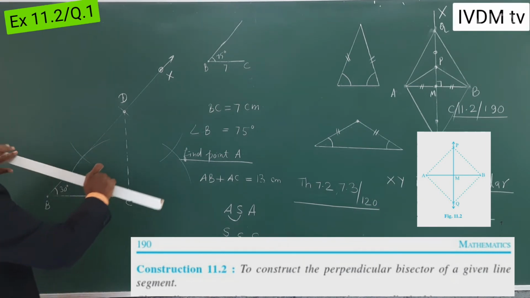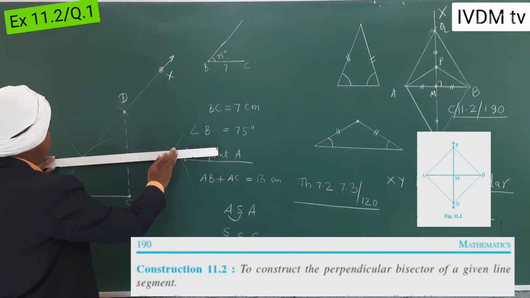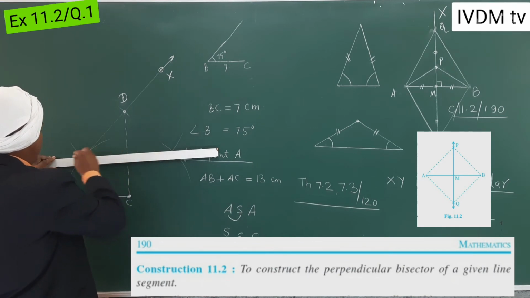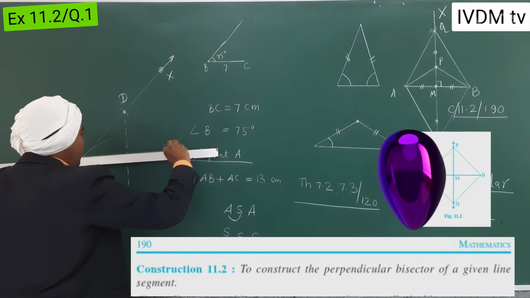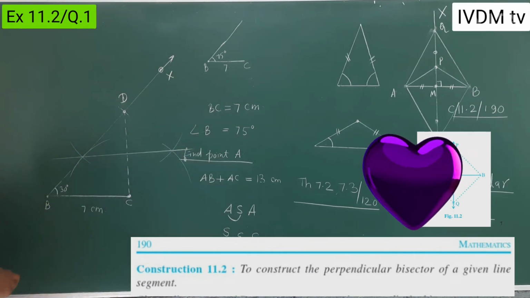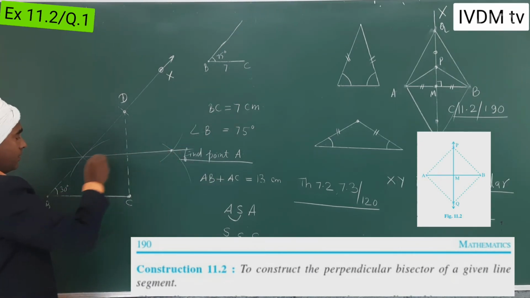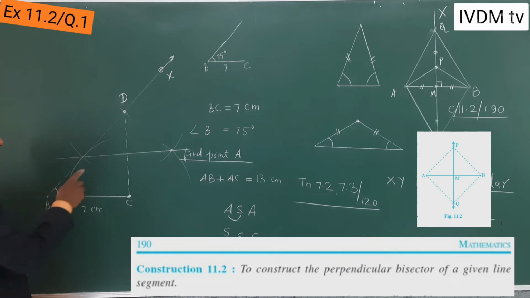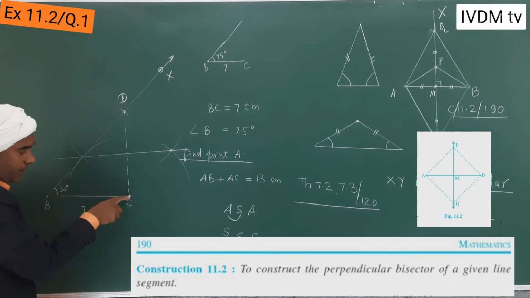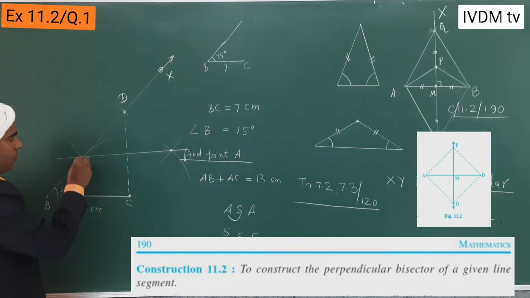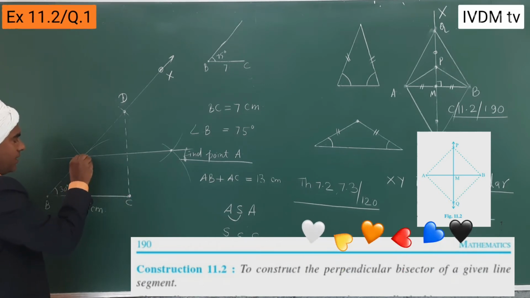You will not write this in the construction step. On this line you have drawn a perpendicular bisector. All the points will be equidistant from this and this. So it cuts at this point.